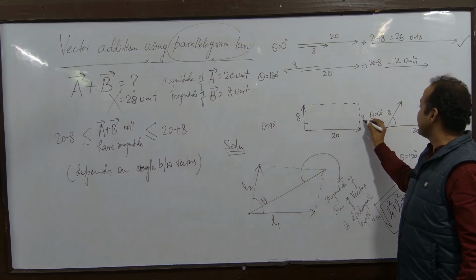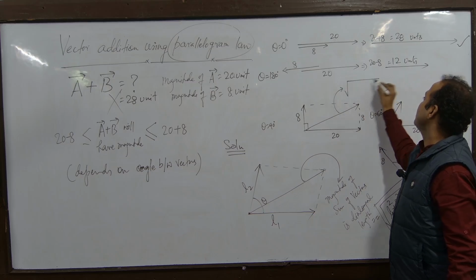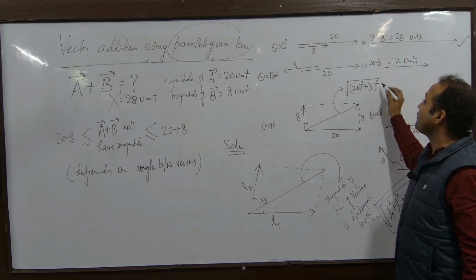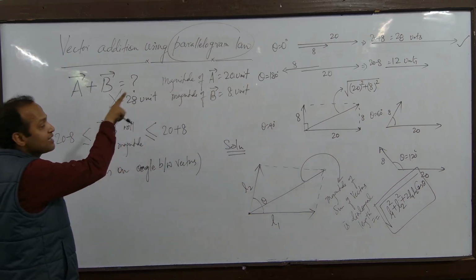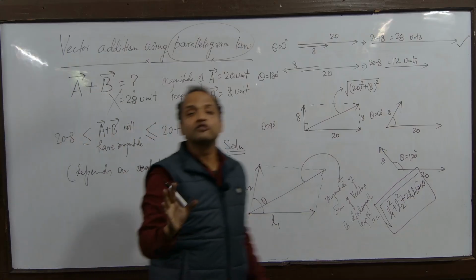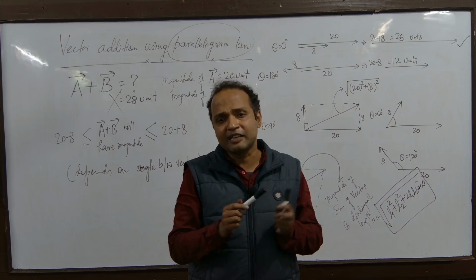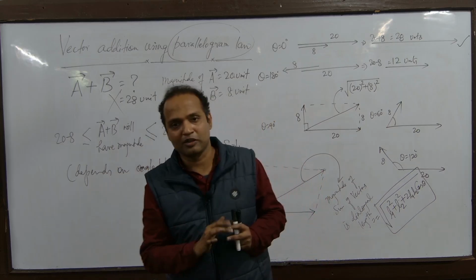So this will be 20 square plus 8 square. This will be the sum of these two vectors whose magnitudes are 20 and 8 unit respectively. So the sum of two vectors can have any answer that depends on the angle between these two vectors. That is very important. Okay.